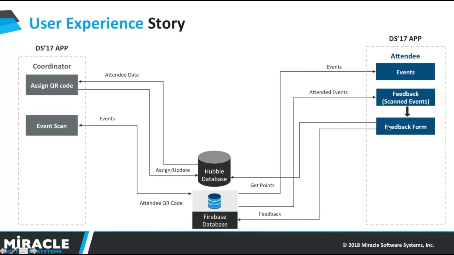Upon giving the feedback, it will be stored under the sessions so that we can use it later for our own internal purpose. This way, the attendee can give feedback, and also by giving feedback, the attendee can gain points, and the points are stored in the Hubble database.